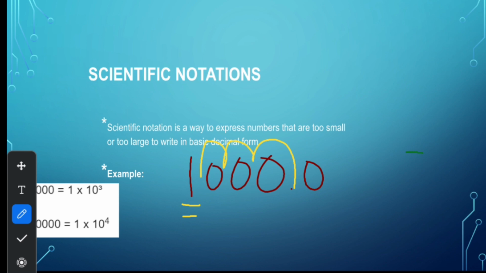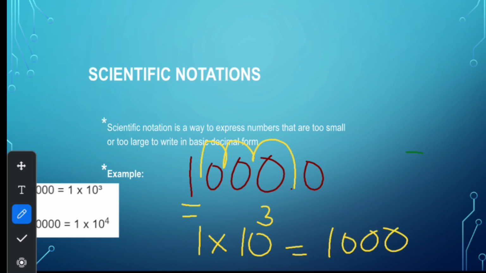Because I moved the decimal 3 places leftward, I'll put 3 as the exponent to the base 10, which is equal to 1000. Or you can remember it this way: 1000 is greater than 1, that's why the power is positive.